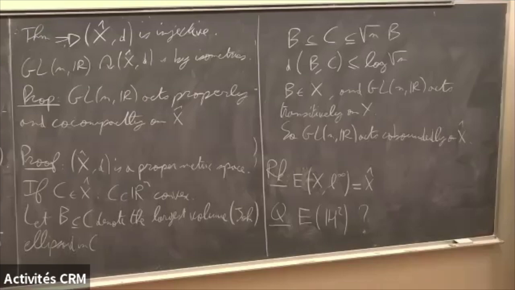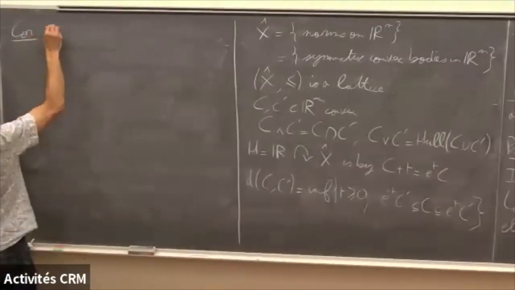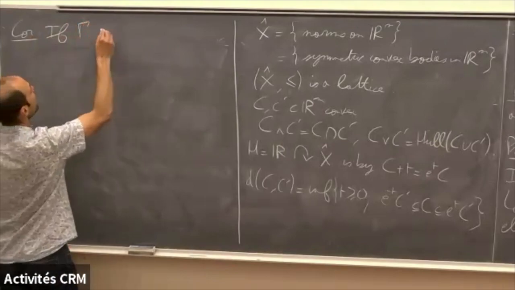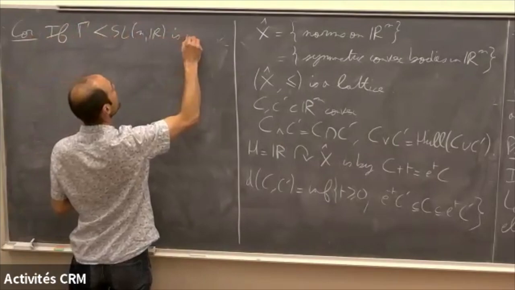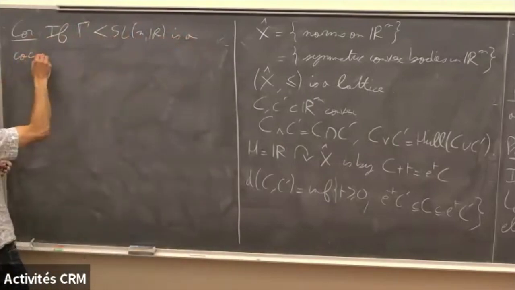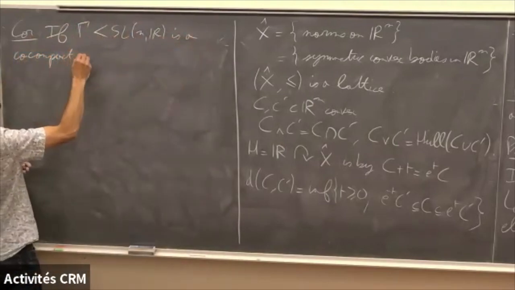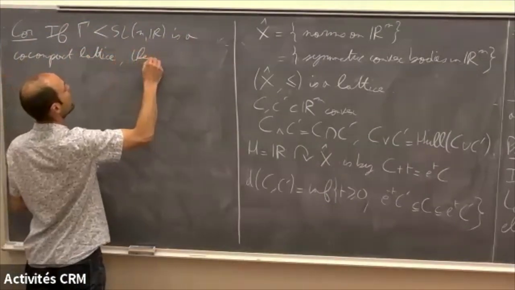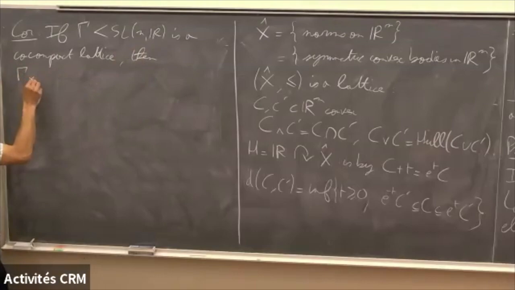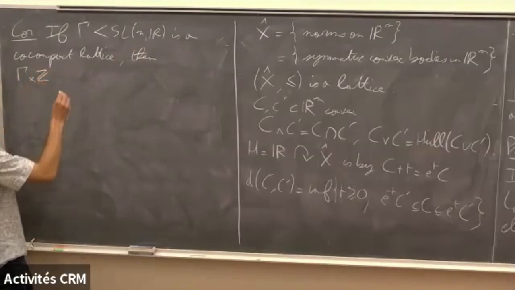So what are nice corollaries of this fact is that if gamma, say, is a uniform lattice, a co-compact lattice in SLNR, then up to taking the product with Z, it becomes a co-compact lattice in GLNR.